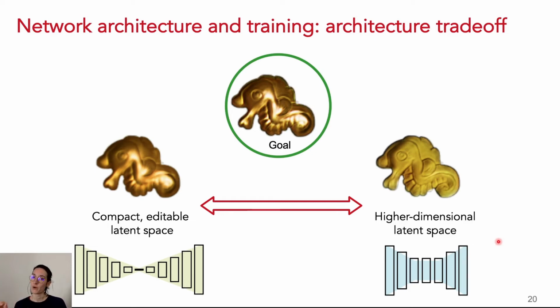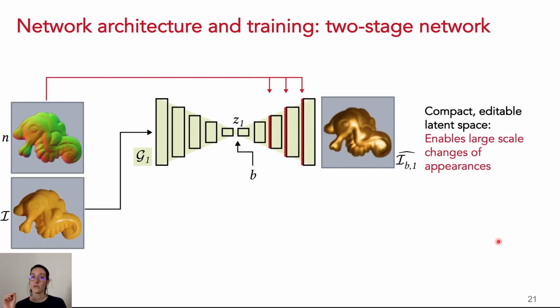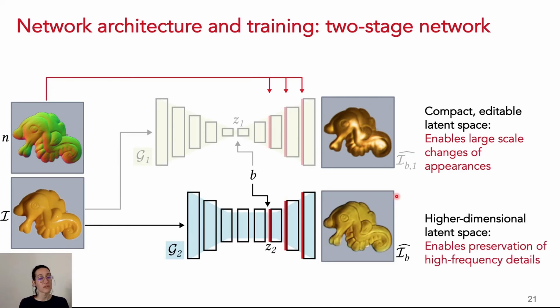So in order to take the best of both worlds, we use a two-stage network. Actually, we have a first network that is a deep network that has this compact editable latent space and that is computing these large-scale changes in appearance. And then we have a second network that is shallower and that will be preserving more high-frequency details.